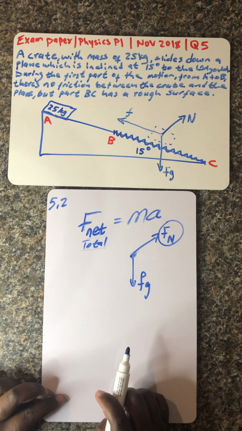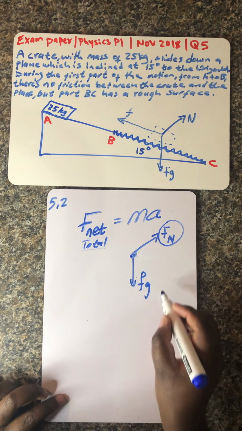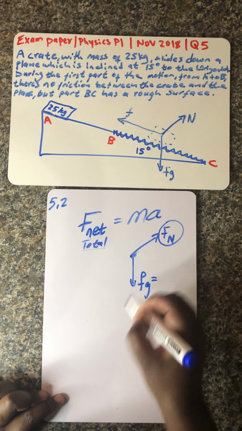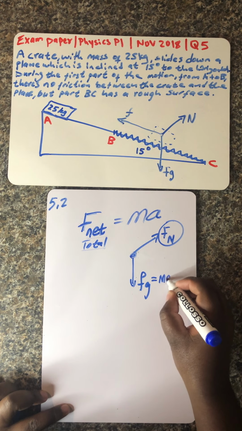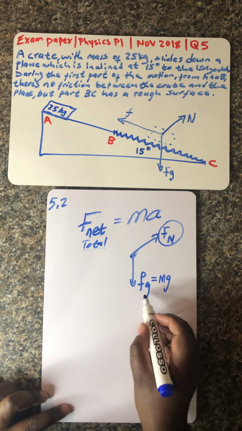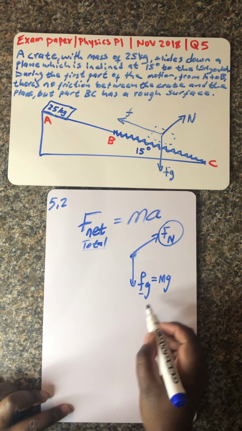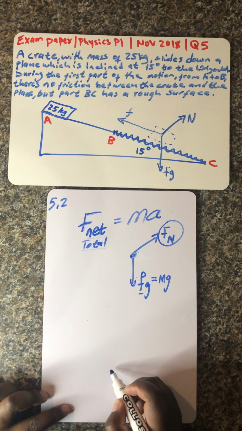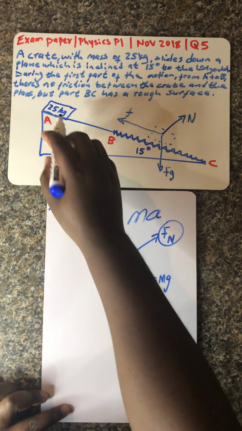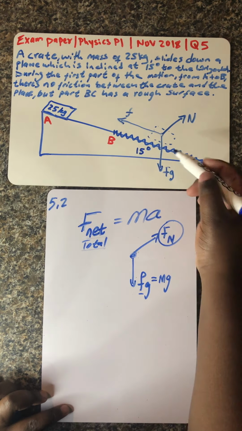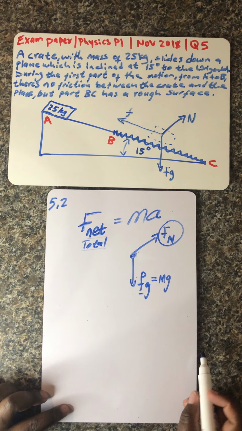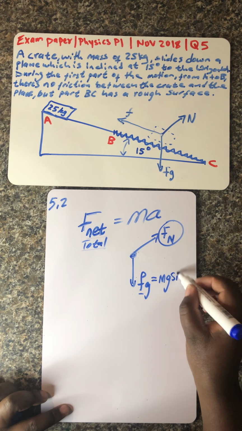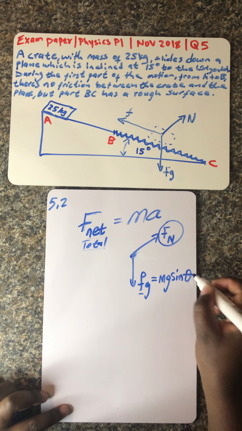Okay, so now what is an equation for FG? We know it's mg. This is the force as a result of gravity, and again, because this object is sliding at an angle, a particular angle, which is 15 degrees in this case, that's why that formula has sine theta.